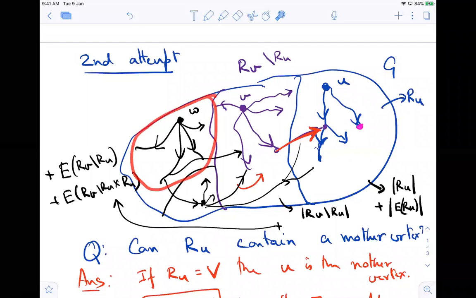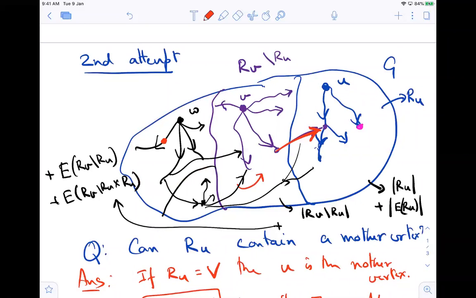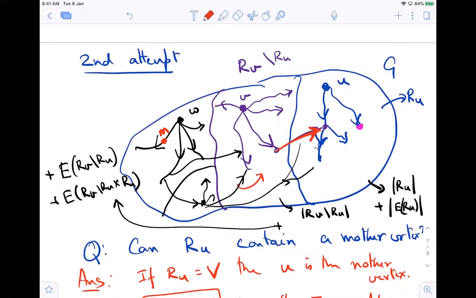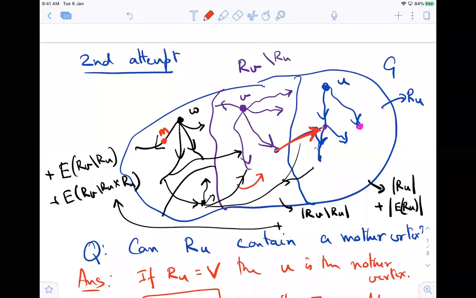Now let's say it exists, and this is the mother vertex. Let's call this M. What does it mean? If M is a mother vertex, that means from M I can reach everywhere.